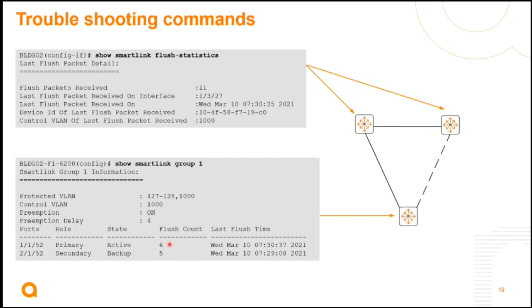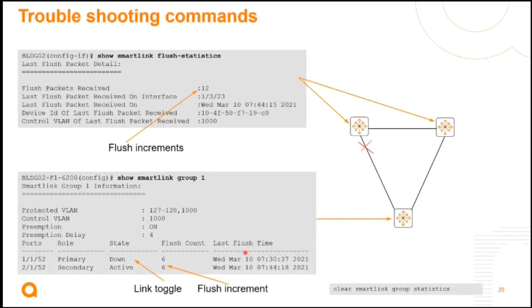I've produced 11. So you can see from the sync that I should have the same everywhere. That would point to a problem if you didn't have that. Again, I've now failed this link. It's switched over and I've got 1 extra flush packet, and I've seen that the flush packet has incremented here upstream. You can use clear Smartlink statistics if you want to as well.